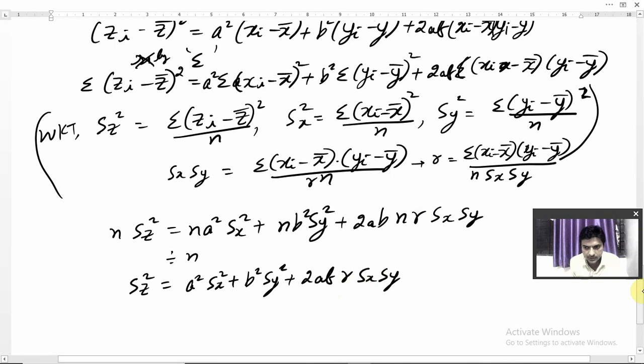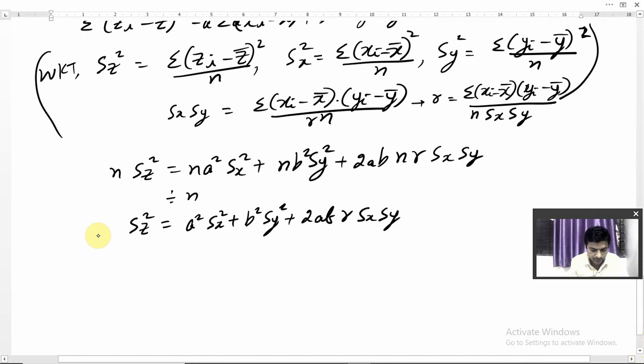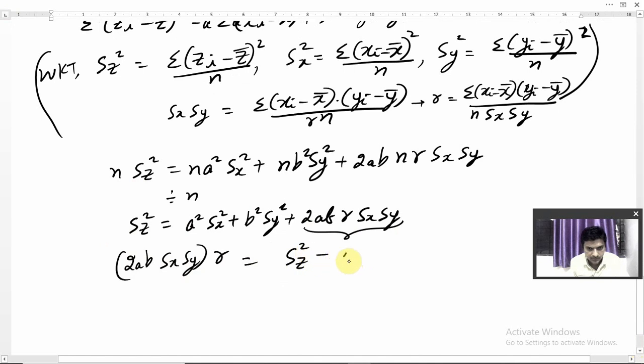So therefore, the remaining terms you bring on this side, you will get 2ab r sx sy, or I will keep this as it is, no change, is equal to sz square minus a square sx square, and this is also minus, we brought it on this side, minus b square sy square.